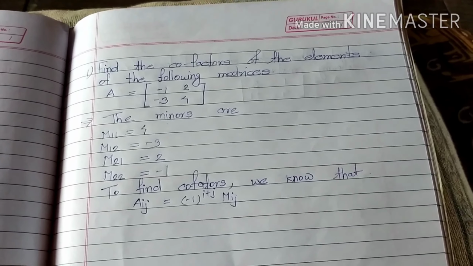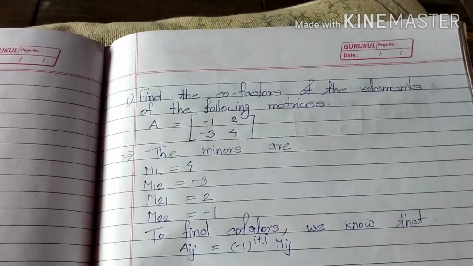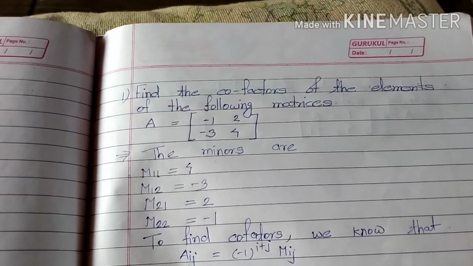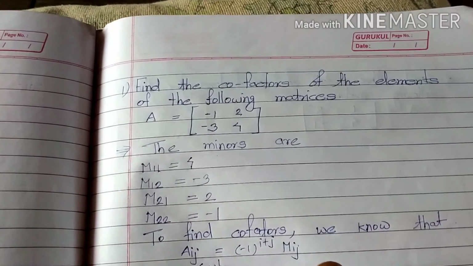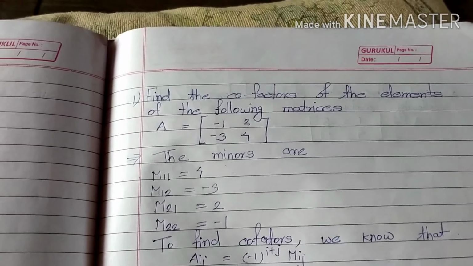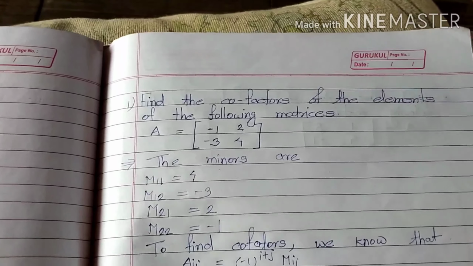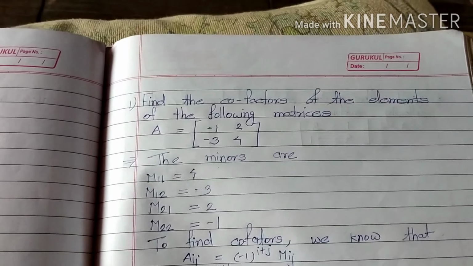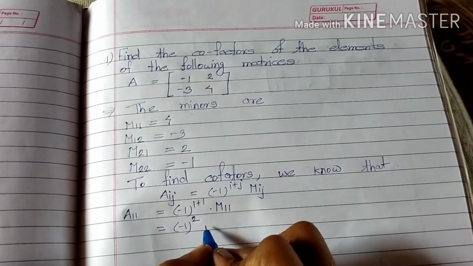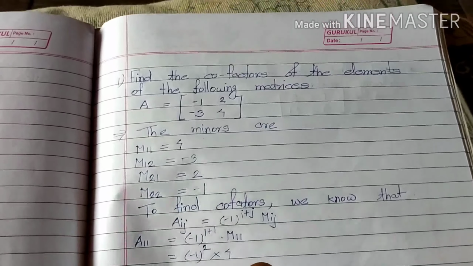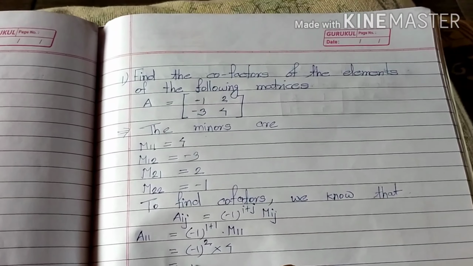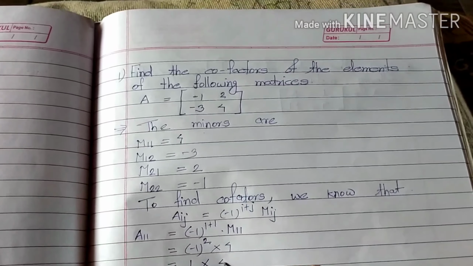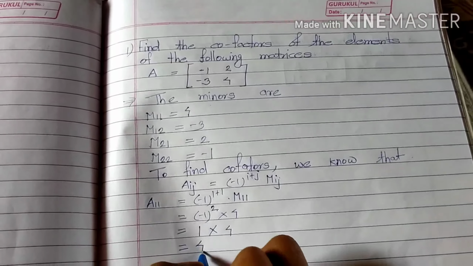So put the values. A11: minus 1 raised to 1 plus 1 is 2 and M11 is 4. Minus 1 square is plus 1 into 4 is equal to 4.